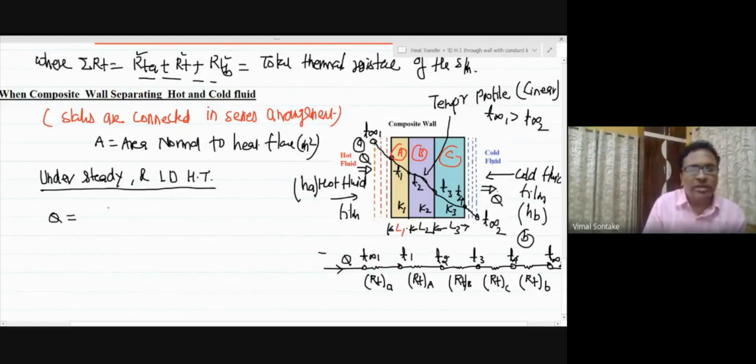Q, that is the rate of heat transfer, will be the same for heat transfer from the fluid film to the left face, from face 1 to interface 2, from interface 2 to interface 3, from interface 3 to face 4, and finally from the right face to the cold fluid.